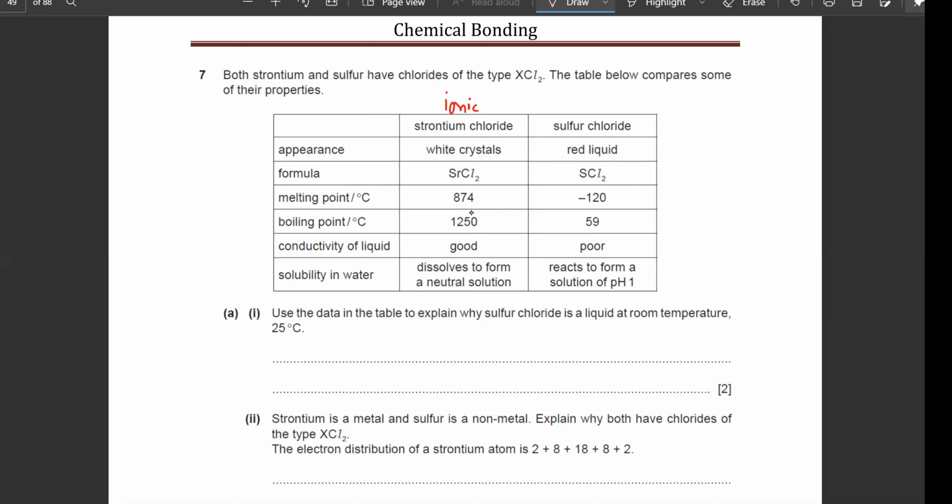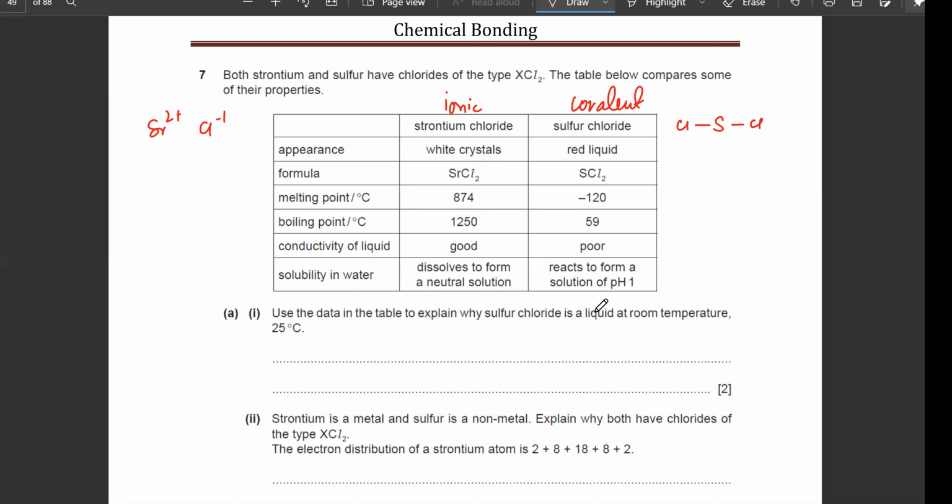That's pretty obvious because it's a metal and a non-metal. This one is a covalent molecule because obviously it's two non-metals. So this one is sulfur sharing electrons with 2 Cls. And this other one is strontium forming 2+ ions and Cl forming 1- ions, but obviously you need 2 Cl ions so that the electrons lost and gained are equal.